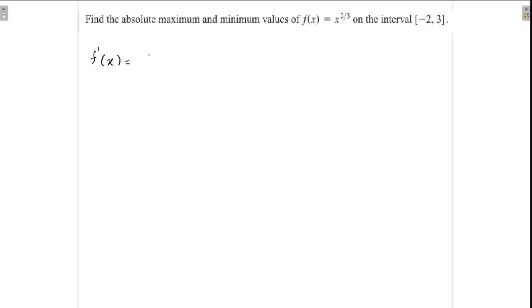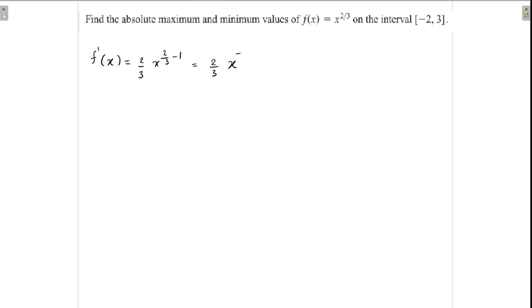f dash of x will be the derivative of x raised to 2 by 3, that is 2 by 3 times x to the power 2 on 3 minus 1. This is the derivative of x raised to 2 by 3. That is equal to 2 on 3 x to the power, what is 2 on 3 minus 1?